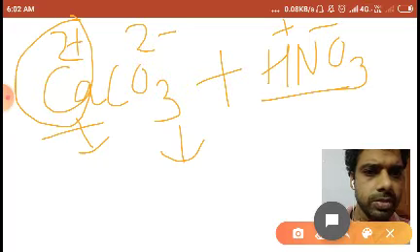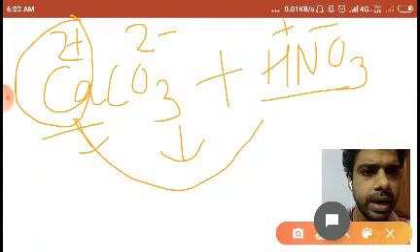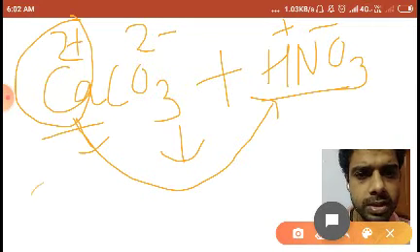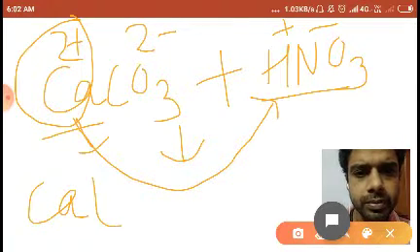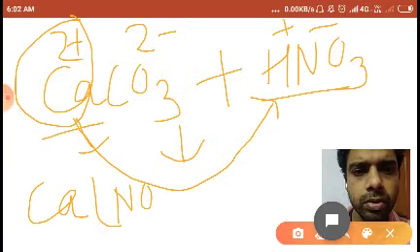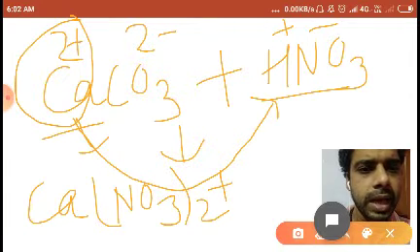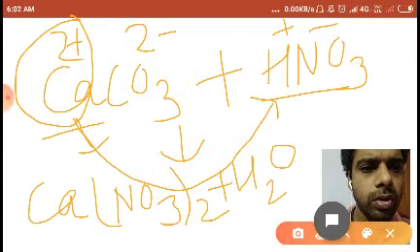If it dissolves, Ca2 plus will come at the place of hydrogen, and it will form Ca(NO3)2 plus H and oxygen, so H2O plus CO2.